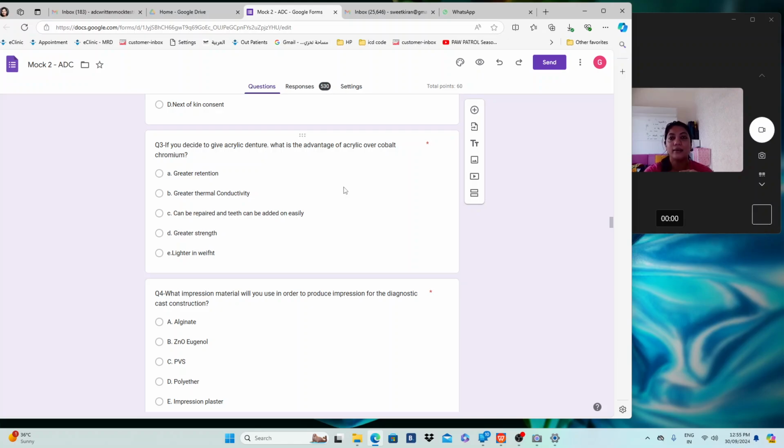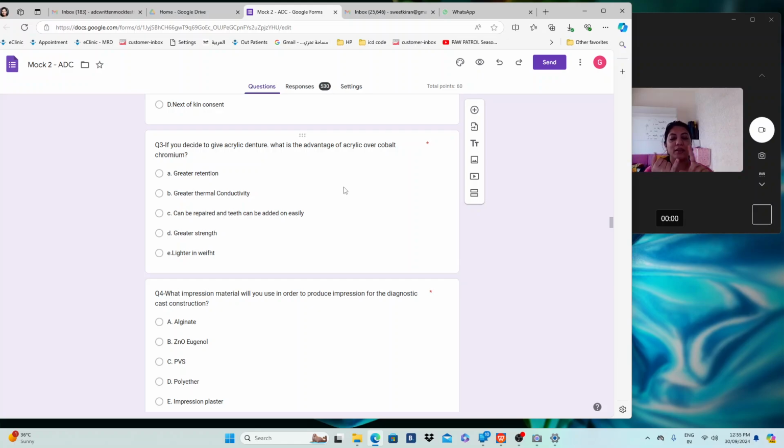But in acrylic, even if it breaks, or you want to add an additional tooth, a distal one for example, or a tooth which is in the center of something, you can always trim that acrylic plate and add another by just giving it to the lab. Easy, affordable. That is the only advantage of acrylic over cobalt chromium. Of course, price is another advantage, but then it's not so strong.